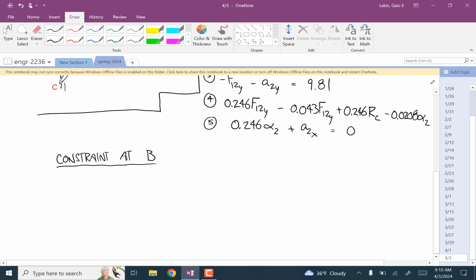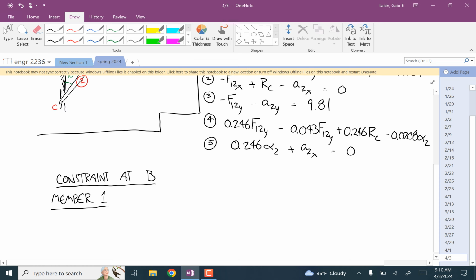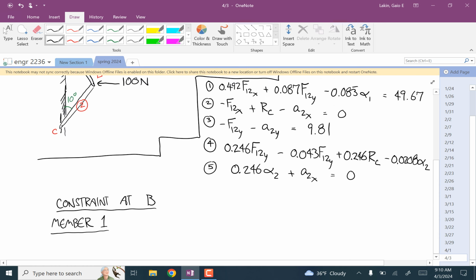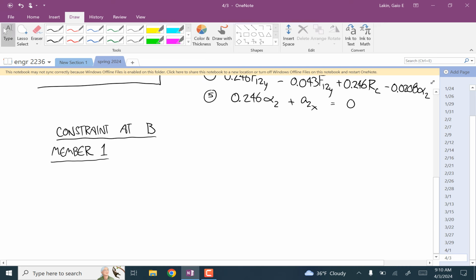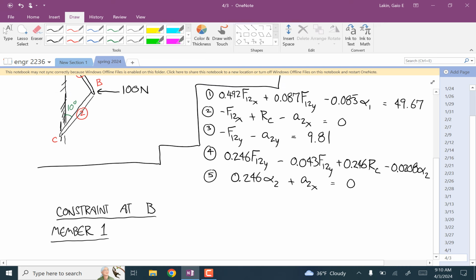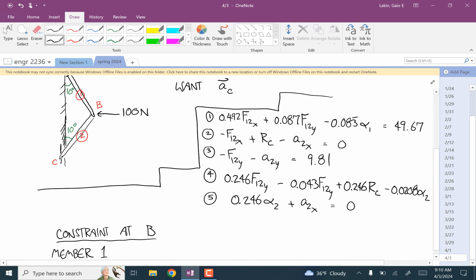So let's first calculate the acceleration at B according to member 1. I'll give you a little time to do that, and I'll do it. And then after I do member 1, I'll give you a little time to do member 2. So for now, just start out by calculating the acceleration of that point B according to member 1.